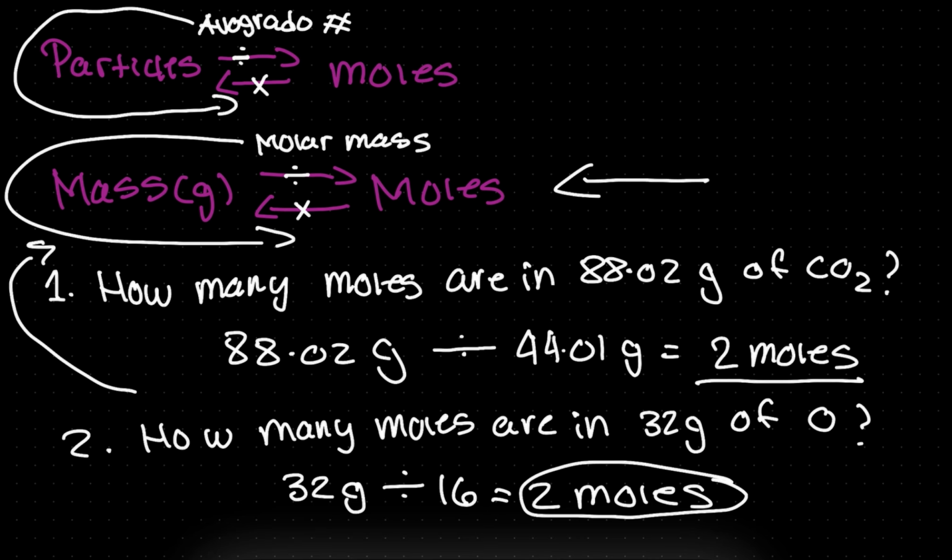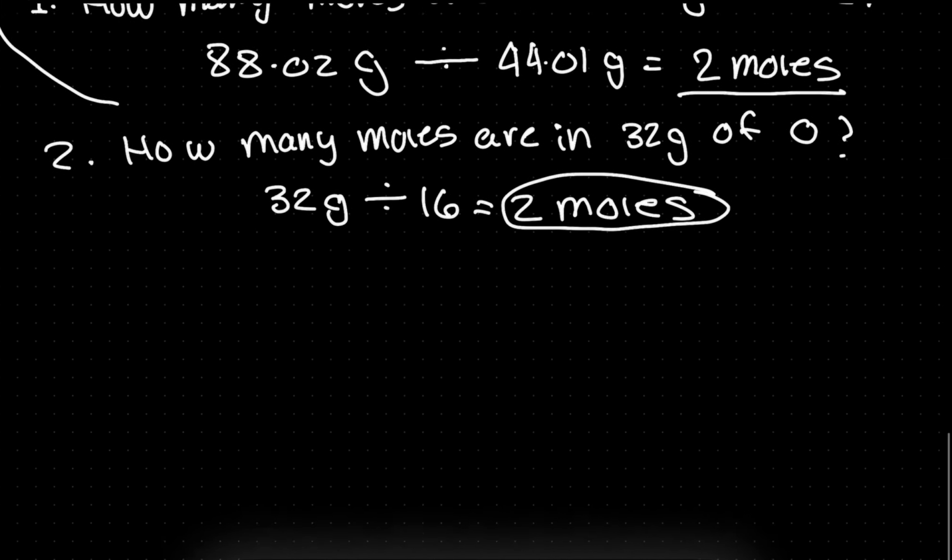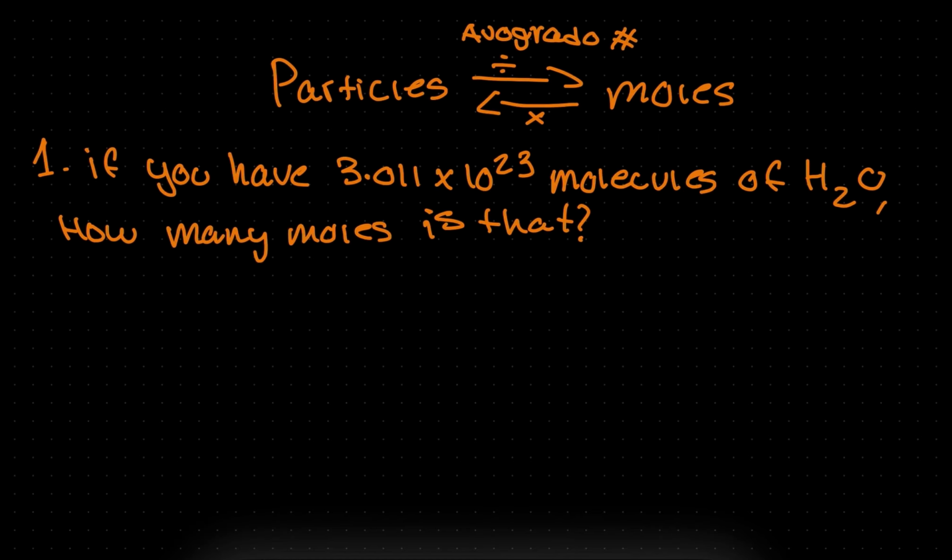So let's move on to some more practice problems with particles. Alright, so let's do some particles practice problems. Okay, so here's the practice problem. If you have 3.011 times 10 to the 23rd molecules of H2O, how many moles is that?